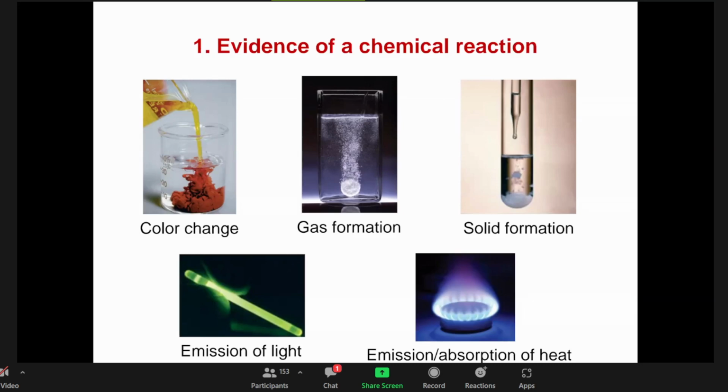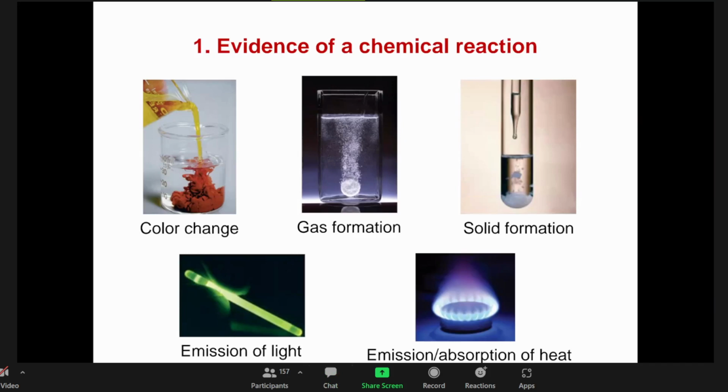But be careful, because not all the time. Let's say when you have a phase transformation from solid to liquid, very likely the process will also be endothermic. So when you melt a solid compound, the temperature in the environment will decrease.